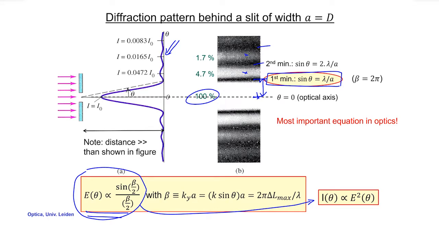And it's the same as the distance between the first and second minima, etc. And if you wonder what the intensity of the secondary fringes are, then it's given here. The first intensity maximum is at almost 5% of the central maximum.